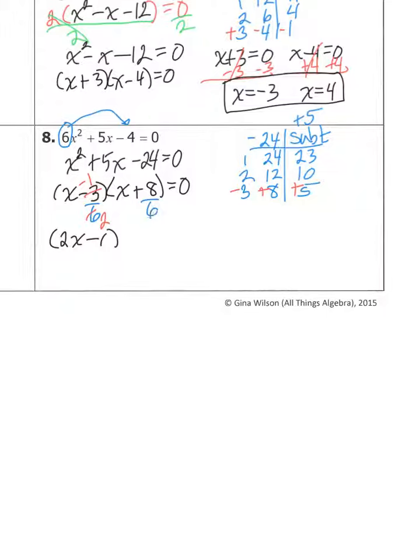Then the 8 and the 6 have a 2 in common, so I'm going to divide 8 by 2 and 6 by 2. And so now I can pop this 3 in front, so I get 3x plus 4 is equal to 0. Now set your factors equal to 0 and solve for x.